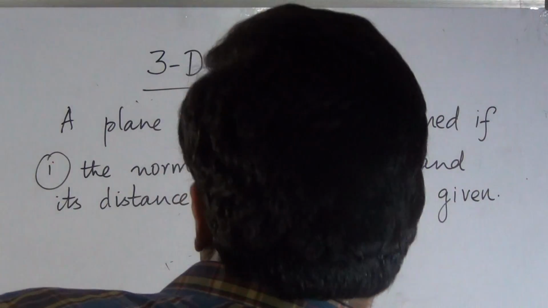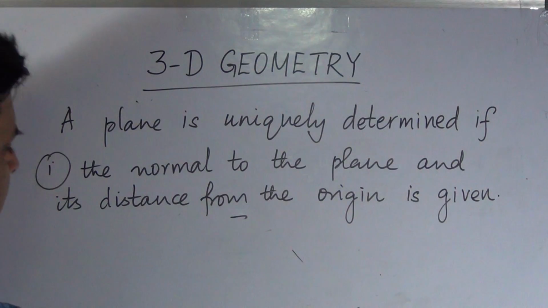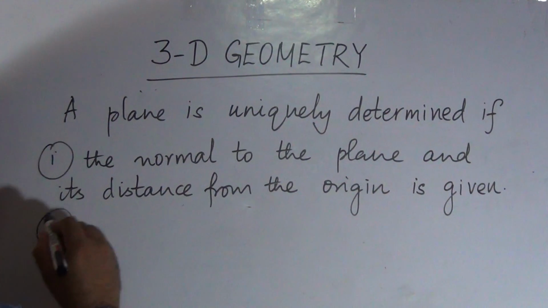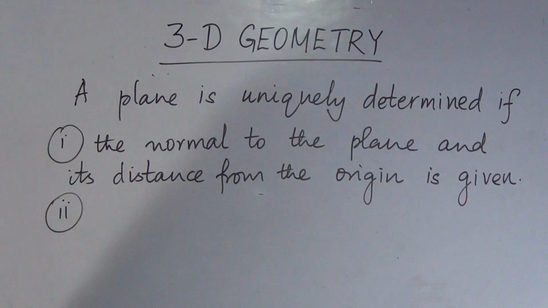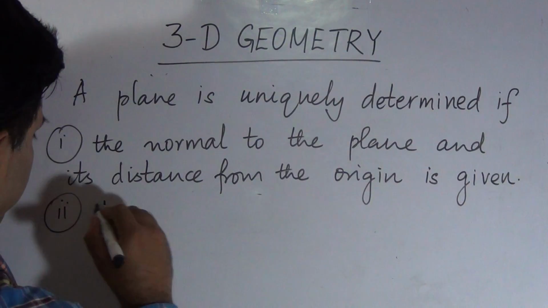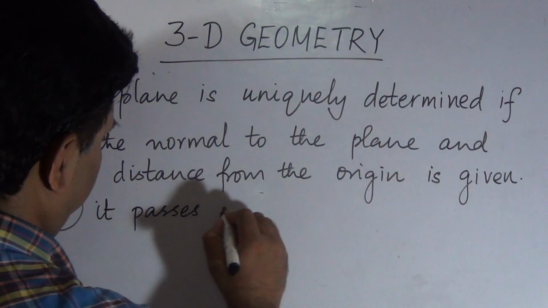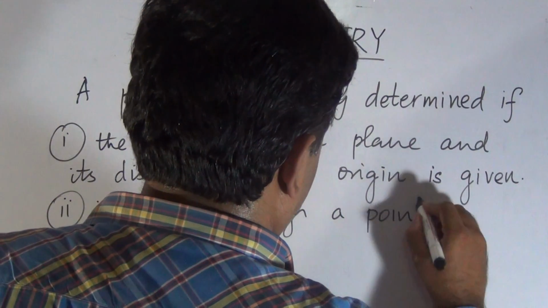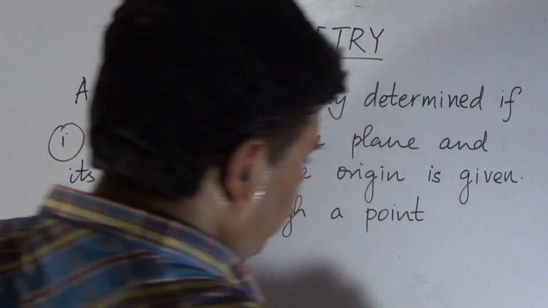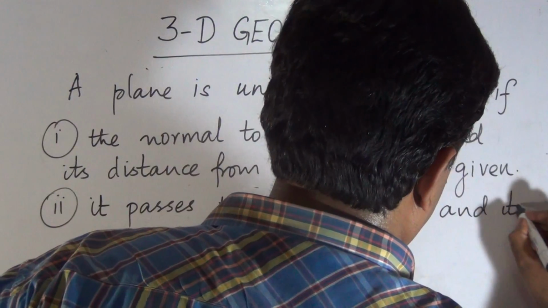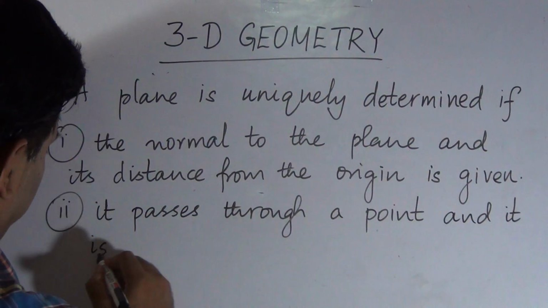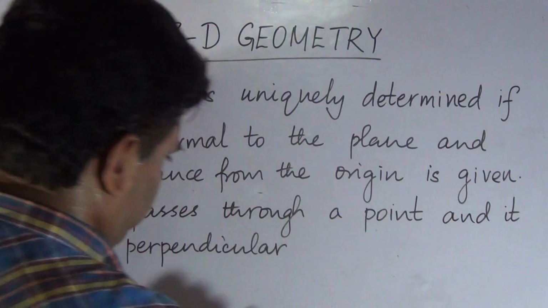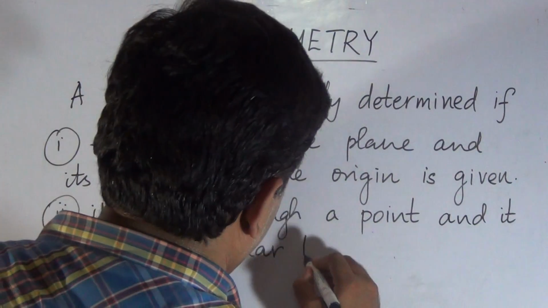Next, the second case is when the plane passes through a point and it is perpendicular to a given direction.